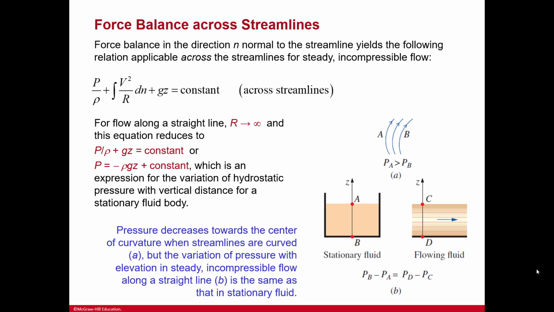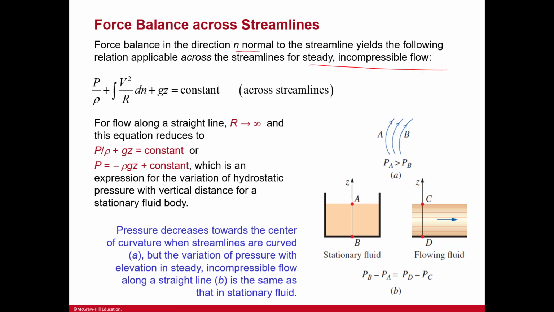And where we have forces and all of these equations, we're of course going to try and balance it. So we have a force balance across streamlines. So force balance in the direction of N normal to the streamline yields the following relation applicable across the streamlines for steady incompressible flows. That's when you can use this.